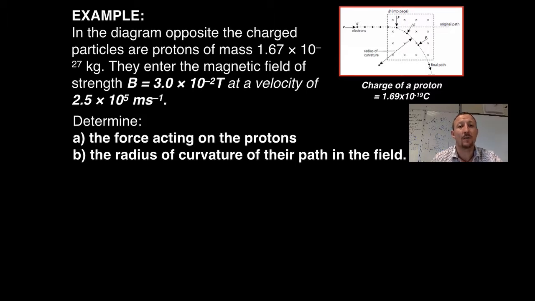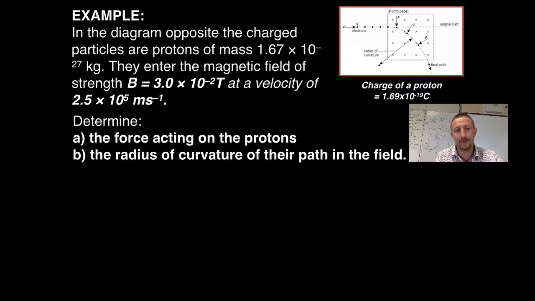It says in the diagram opposite, the charged particles are protons of mass 1.67 times 10 to the negative 27 kilograms. They enter a magnetic field of strength 3 times 10 to the negative 2 Tesla at a velocity of 2.5 times 10 to the 5 meters per second. We've got to determine the force acting on the protons and the radius of curvature of their path in the field.